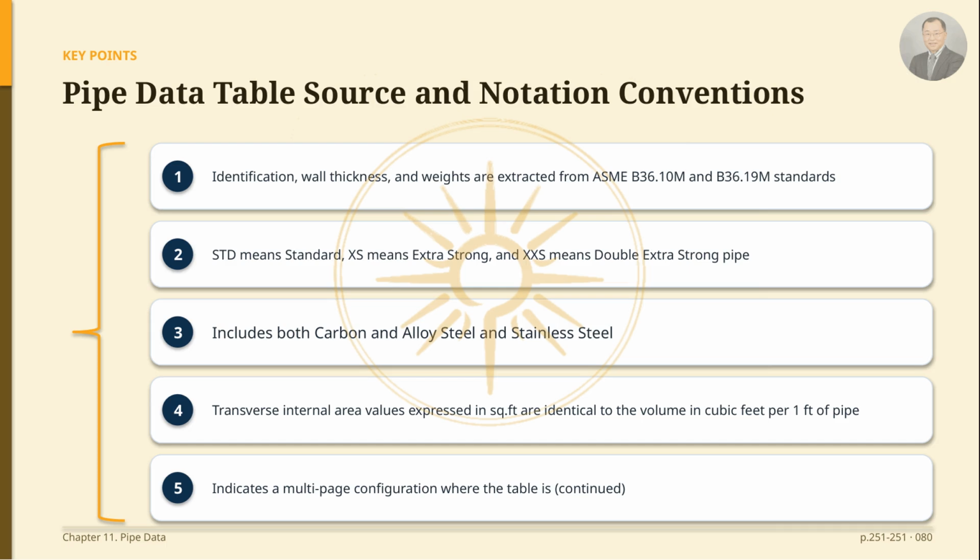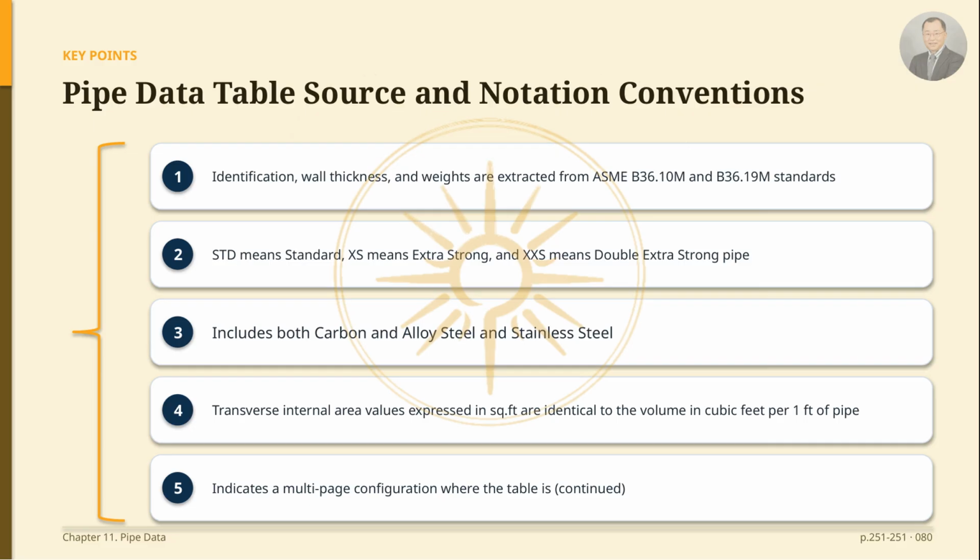Finally, I'll introduce the sources and notation conventions of the pipe data table. The identification, wall thickness, and weight values in this table are extracted from the ASME B36.10 and B36.19 standards. Among the abbreviations in the table, STD stands for standard, XS for extra strong, and XXS for double extra strong pipe.